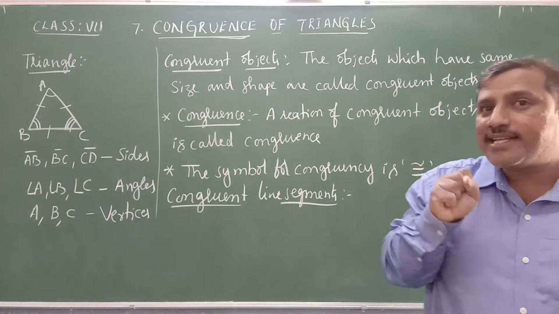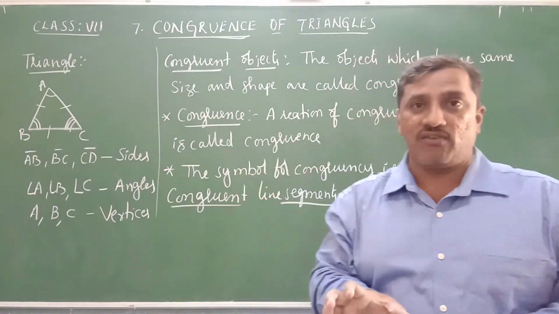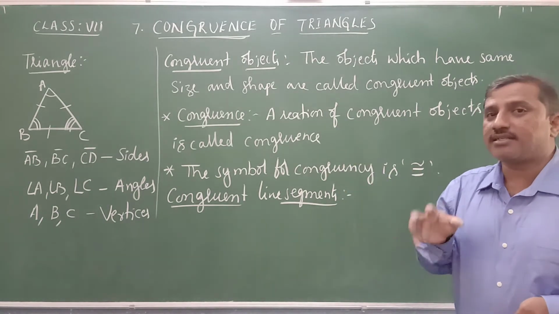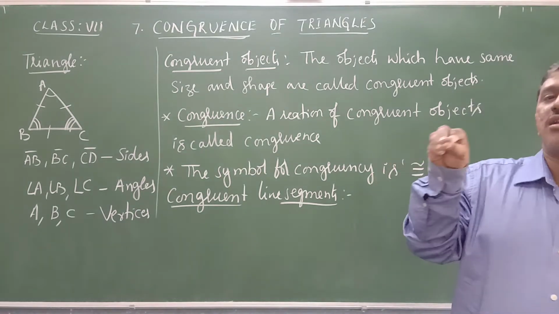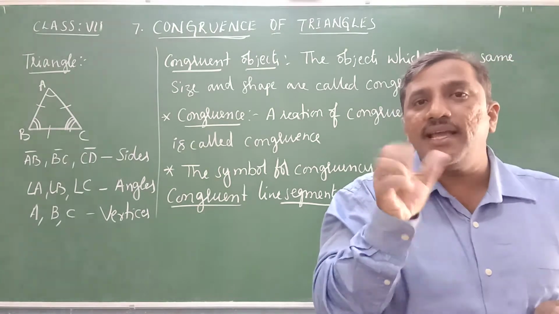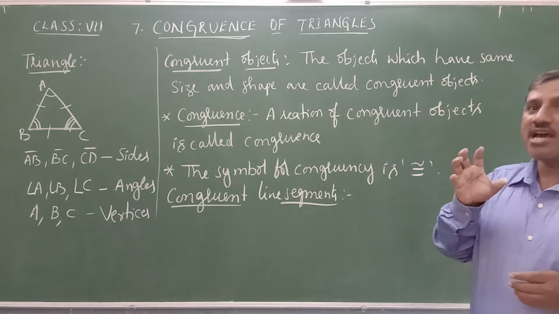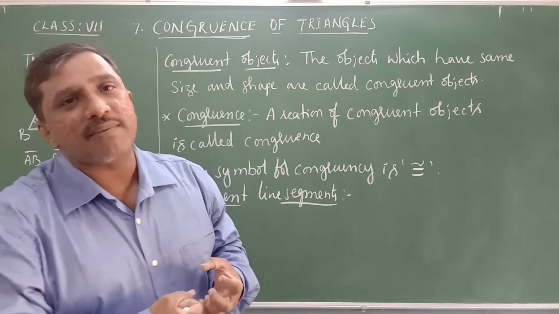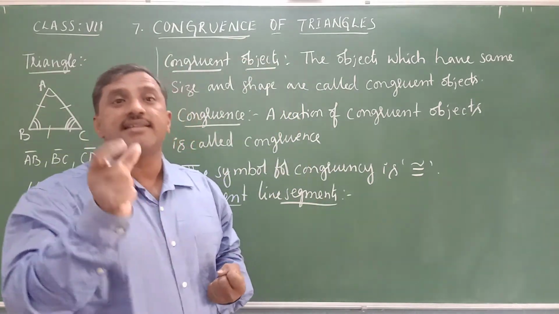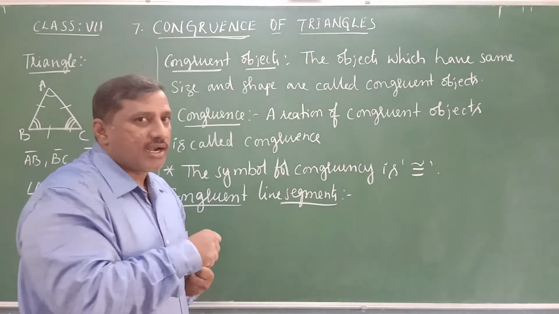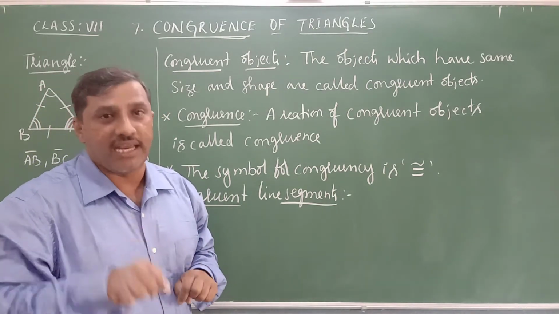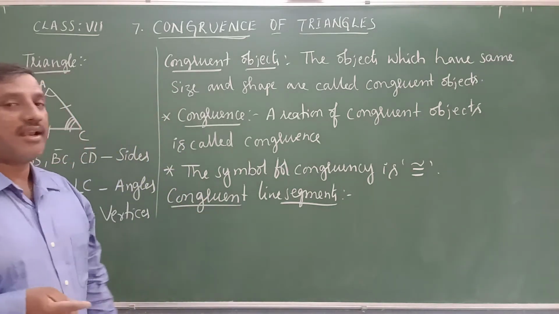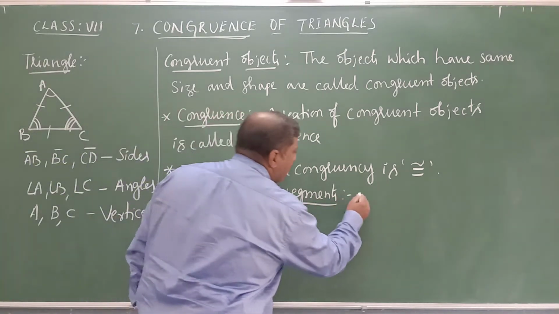If the length of any 2 or more line segments is same or equal, then we call such line segments congruent line segments. So what is the measure here to check whether the given line segments are congruent or not? Yes, it is their length. So what are congruent line segments?